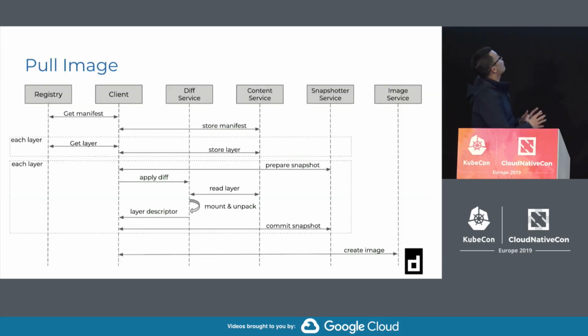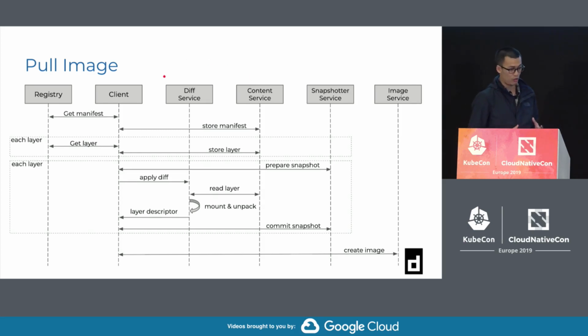Here is the data flow for the pull function. We can see the client will touch four component services here. The first one is the content service, which is used to store the raw data, such as the image layer tar file. The second one is the diff service.